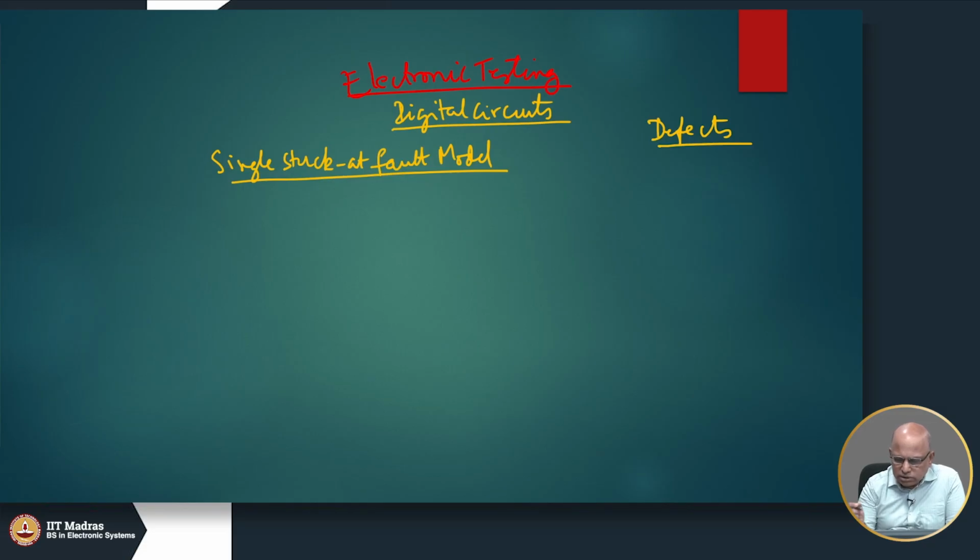Okay. So, in the single stuck-at fault model, we said that any wire, in this example there are three wires A, B and C, can be either stuck at 1 or stuck at 0. So, this is a stuck at 0 fault at A, this is a stuck at 1 fault at A, and similarly B can have stuck at 0 or stuck at 1, and C can have stuck at 0 or stuck at 1.